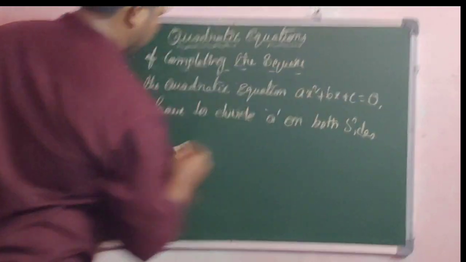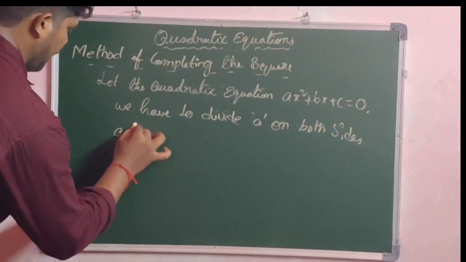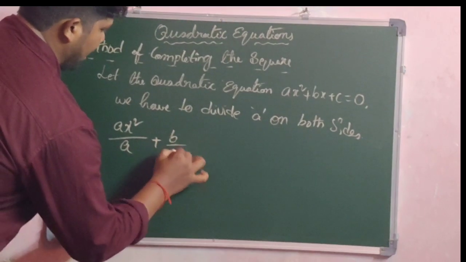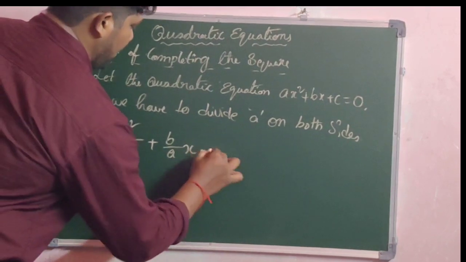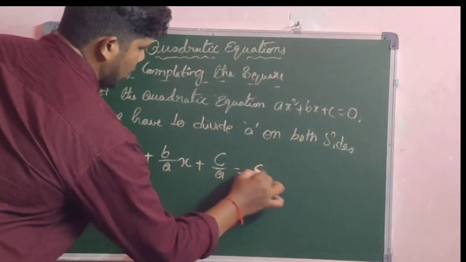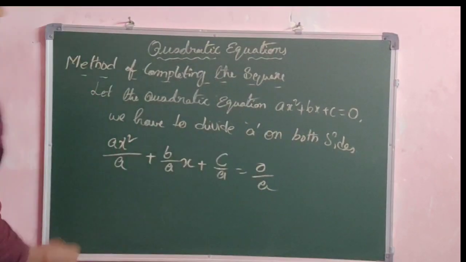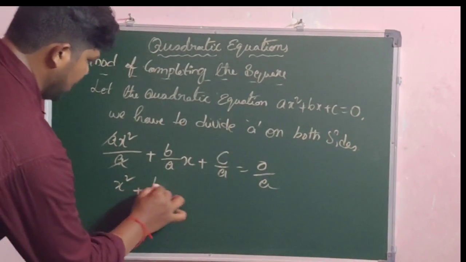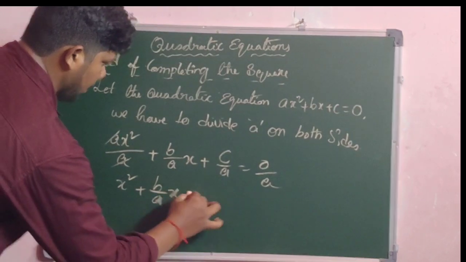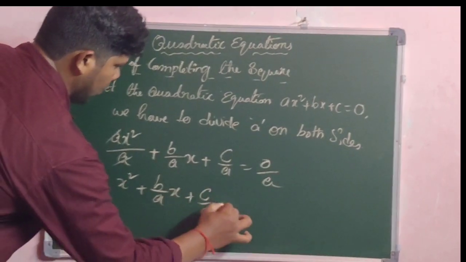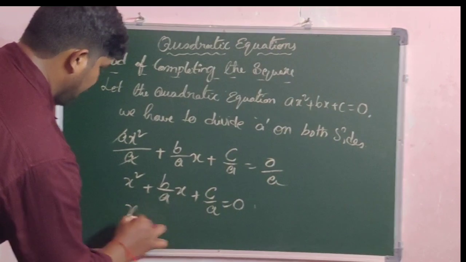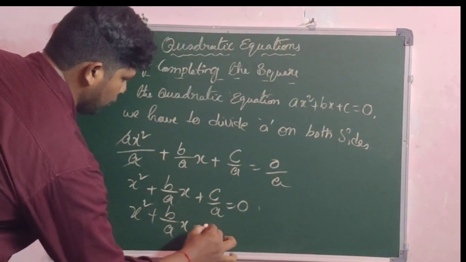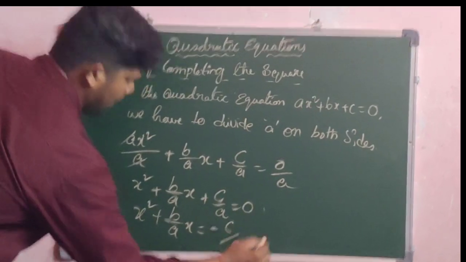Okay. So ax square by a plus b by a into x plus c by a is equal to 0 by a. The a cancels. So x square plus b by a into x plus c by a equal to 0. So x square plus b by a into x is equal to minus c by a.